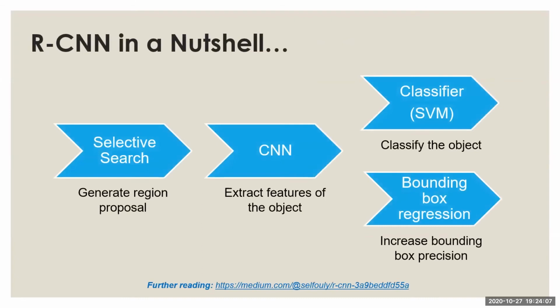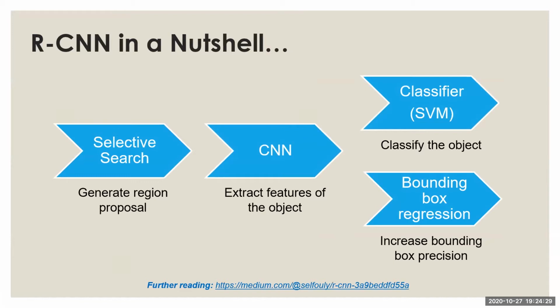All right, so that's RCNN in a nutshell, right? First of all, you have selective search to generate the region proposals so that you kind of know which region of the images, which part of the images, might contain an object. And then after that, you have the CNN, which will extract the features of the object inside the region proposals.